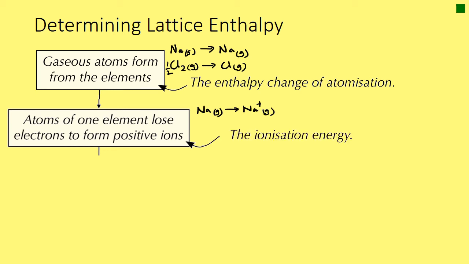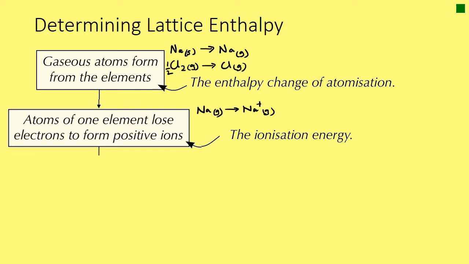And in this case, it's the first ionization energy because we're taking off the first electron from the gaseous atom. But if we were starting with that sodium ion and turning it into a sodium 2+ ion, then of course that would be the second ionization energy. And that's another strict definition you'll need to memorize.